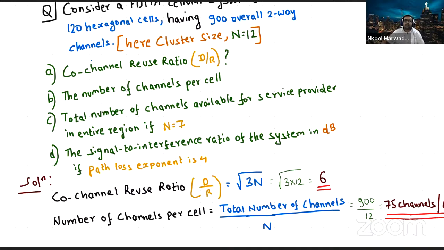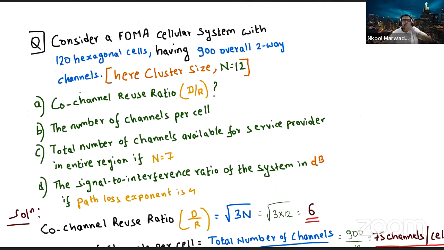The cluster size we have changed. Now capital N is equal to 7, which means the cluster size has become 7. They are asking what will be the total number of channels available for the service provider in the entire region.